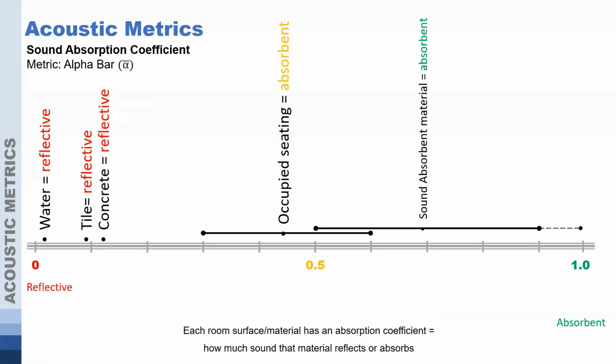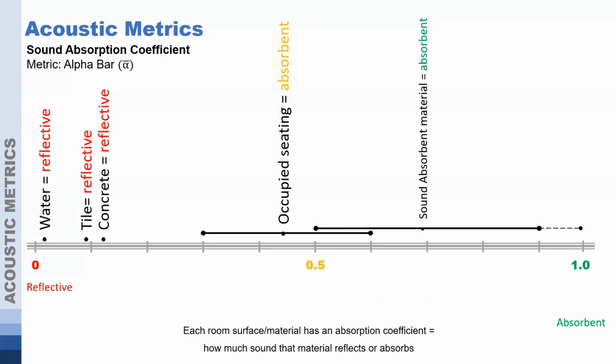Okay, so we've reviewed some acoustic concepts, and now we're going to look at some acoustic metrics, which are basically just descriptors to look at different ways of understanding some of the acoustic properties in buildings. So we're going to start off with what we call the alpha bar, the sound absorption coefficient.